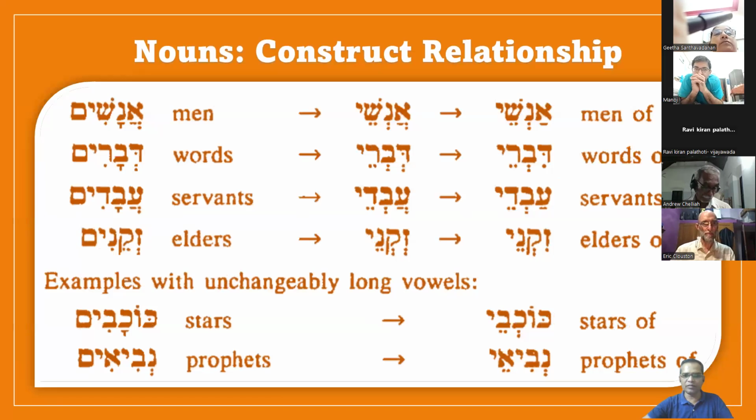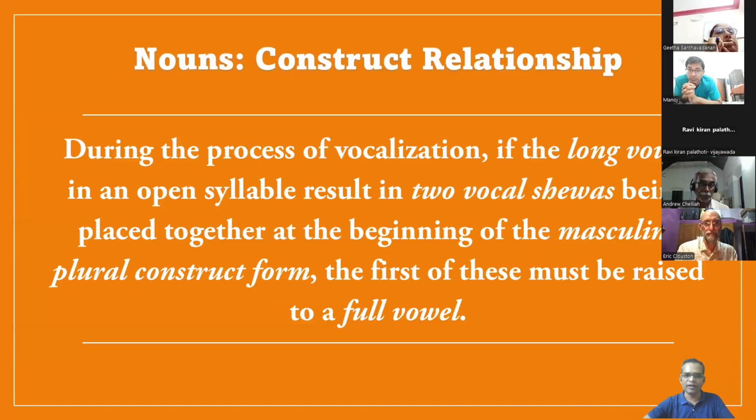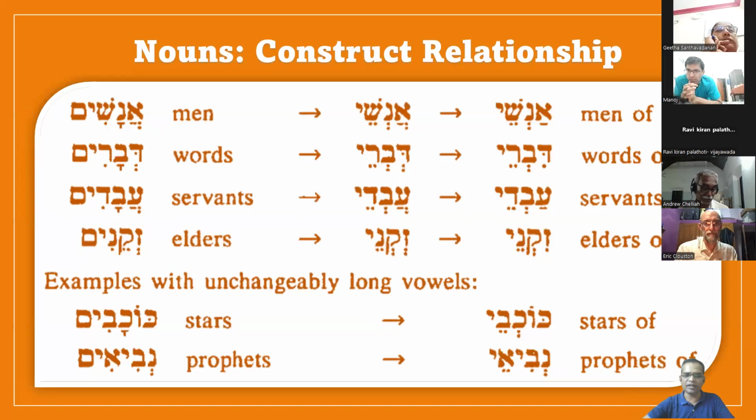Here also two syllables only, there also two syllables only, but in the first syllable you see a vocal Shiva in the initial consonant. In the previous examples, you don't see a vocal Shiva in the initial consonants; the initial consonants are carrying a full vowel. Here the initial consonants are carrying either composite or simple vocal Shiva, and then the next letter is carrying a full vowel.